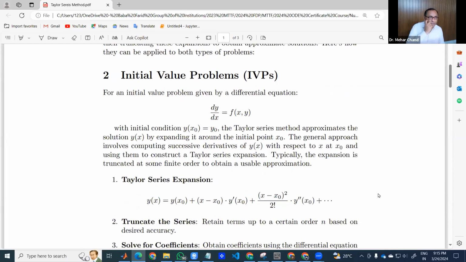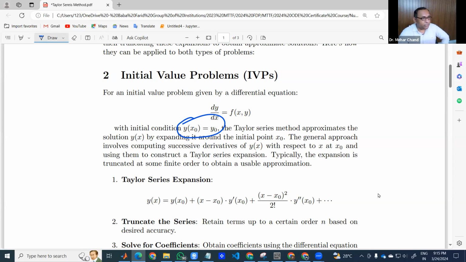For the initial value problem, we have dy/dx equal to f(x, y), with the initial condition y(x0) equal to y0. The Taylor series method approximates the solution y(x) by expanding it around the initial point x0.